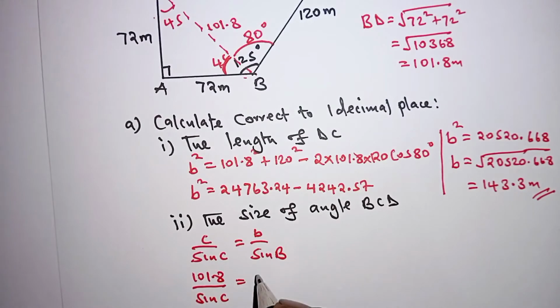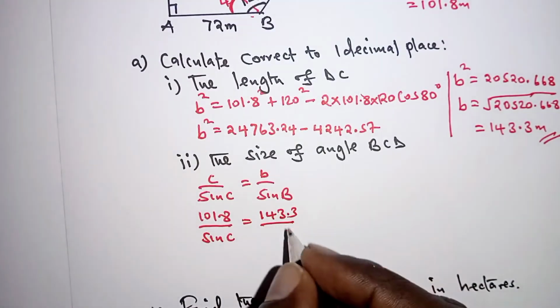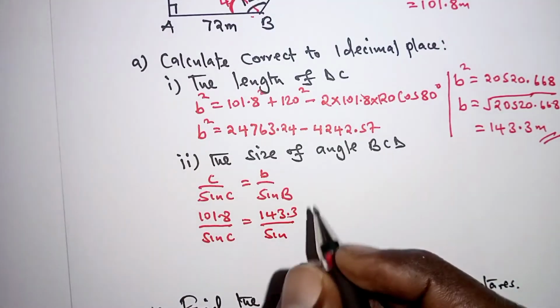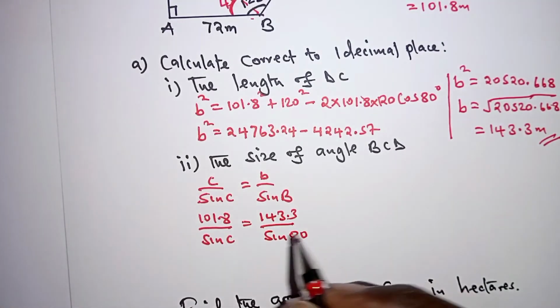So we have 143.3 all divided by sine of B, and angle B is 80 degrees.